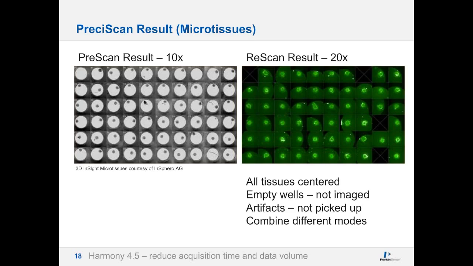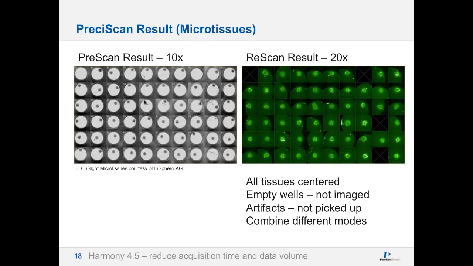You can see that the microtissue can be found in all different wells and in very different locations. If all you wanted to do is a high-resolution scan of the microtissue, this would become very impractical. So we use this pre-scan, we run an image analysis, and then we do a 20x rescan in this case.